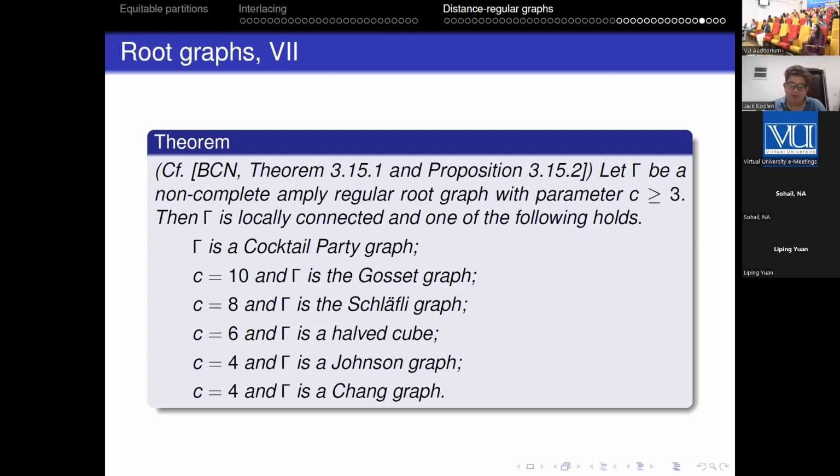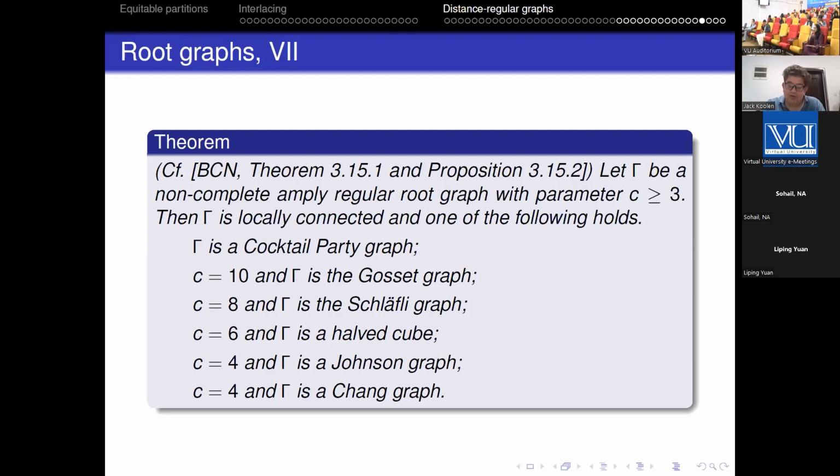And c is 6 and you get a half cube. And c is 4, you get the Johnson graph. And the three Chang graphs, they have the same parameters as Johnson J(8,2). There are three of them. There are three exceptions.